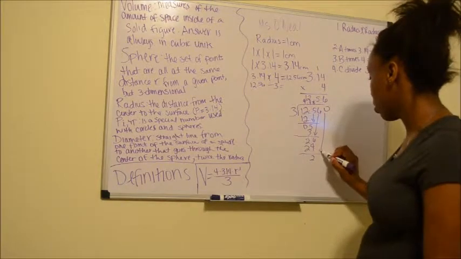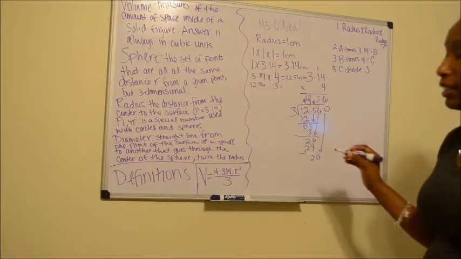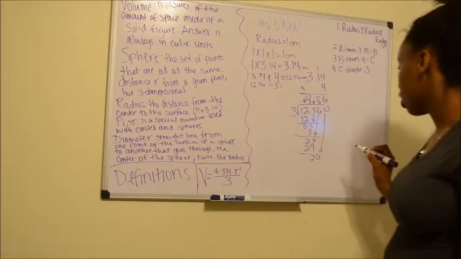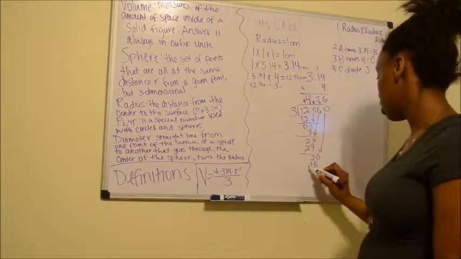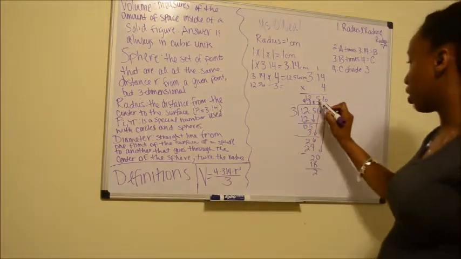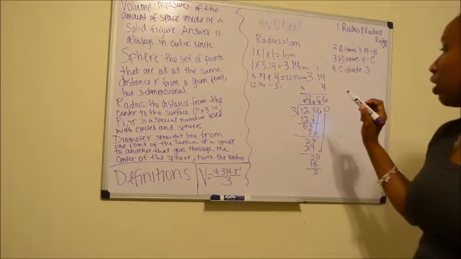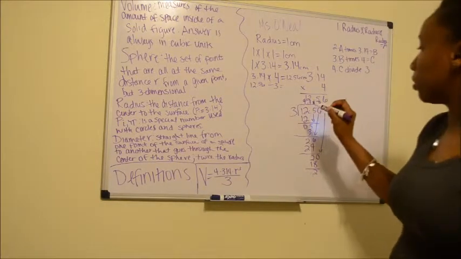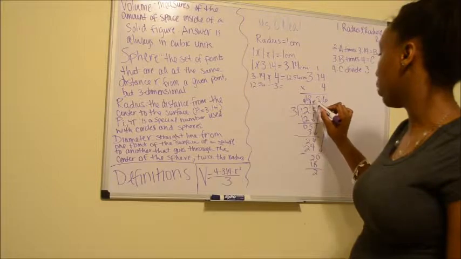We're going to bring that 0 down. 3 goes into 20 6 times. 3 times 6 is 18, which leaves 2. So now we have a pattern, and we're going to round to the hundredths. So it will be 4.20.